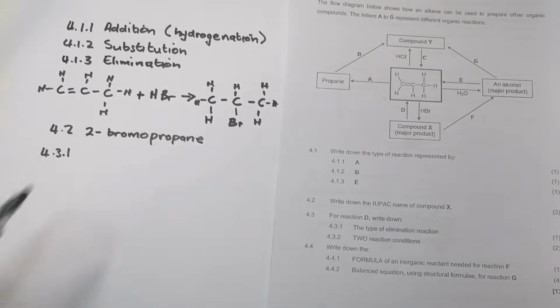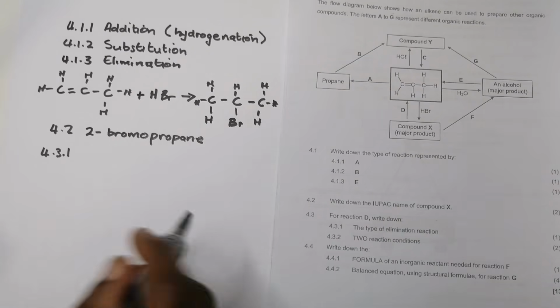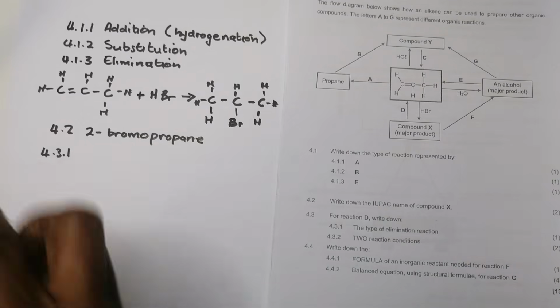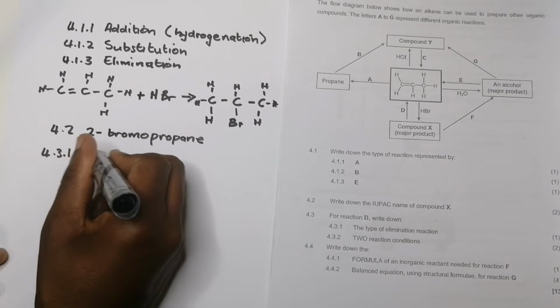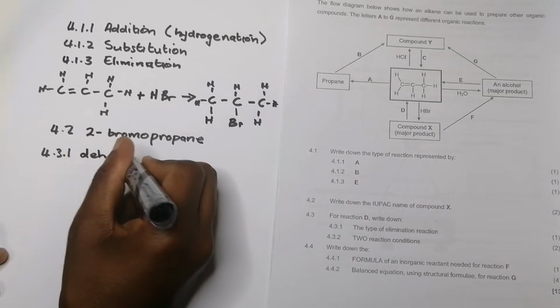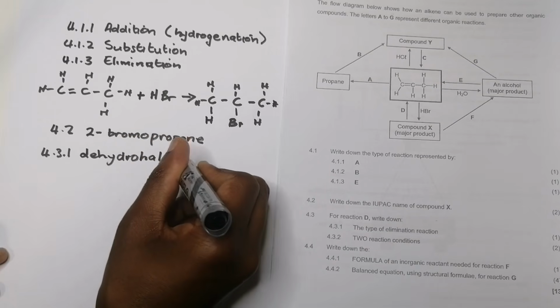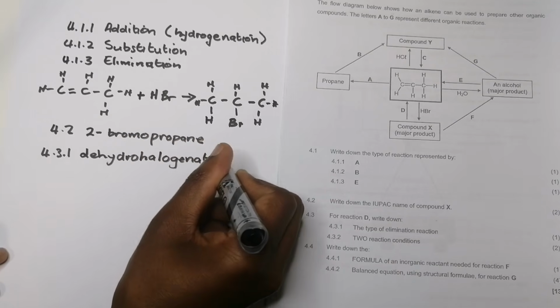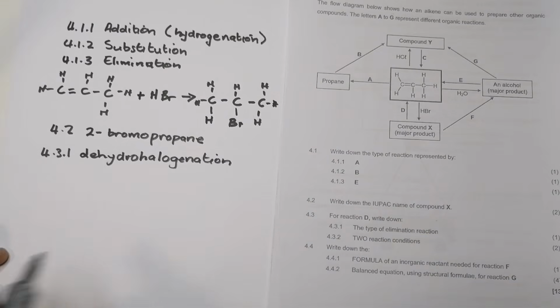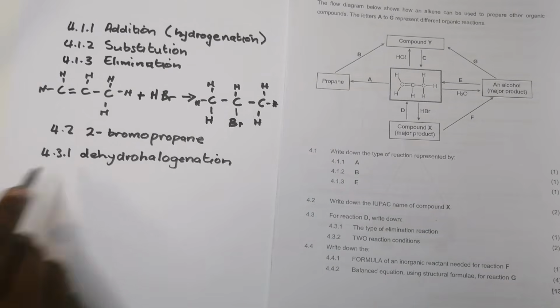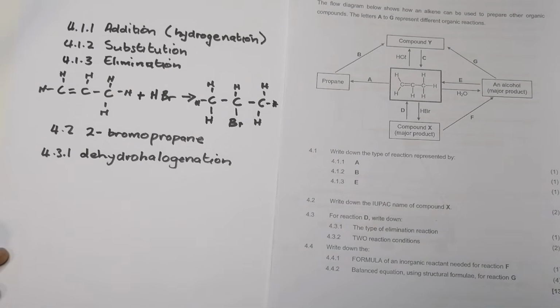They want to know the type of elimination reaction that it is. So we removed hydrogen and bromide, so in this case it would be dehydrohalogenation. Remember, all the elimination reactions have to start with a D, right?